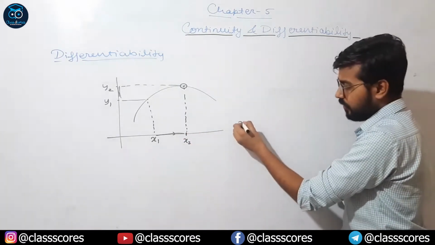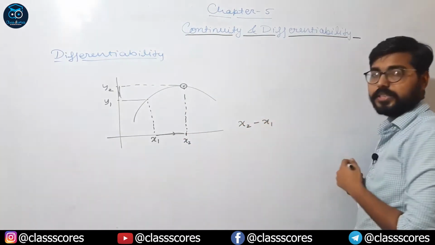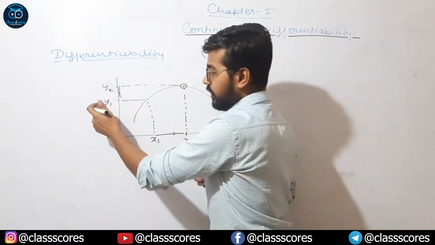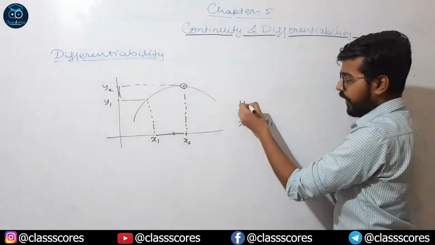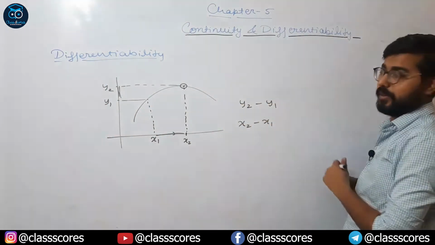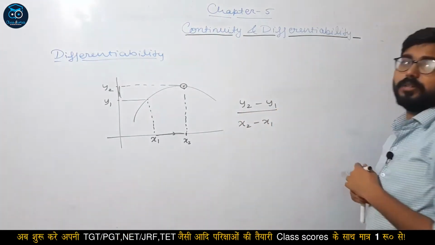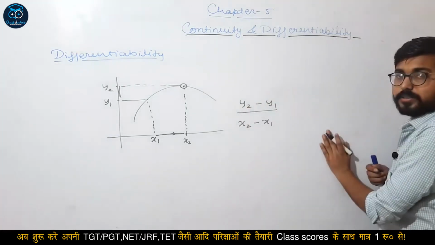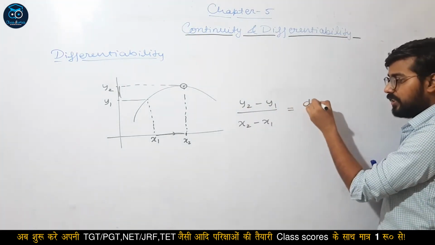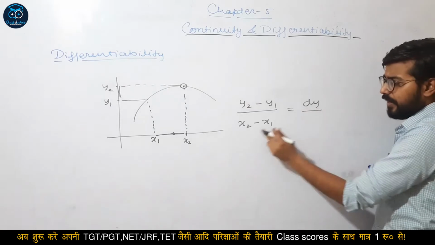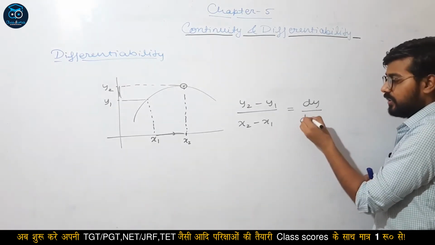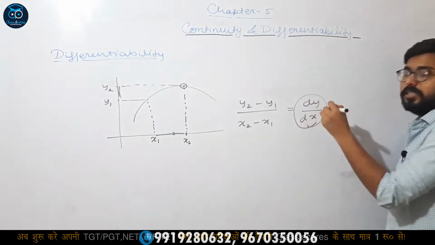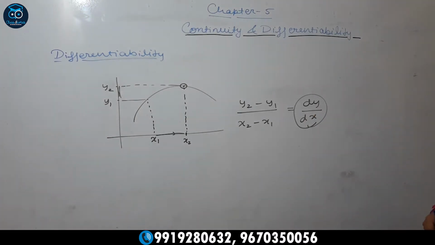What was the change? We consider it as x2 minus x1. And what change did we find? That is y2 minus y1. The ratio of these two terms is known as differentiation. This y2 minus y1 is dy, the change in y, divided by x2 minus x1, the change in x, and this is known as differentiation.